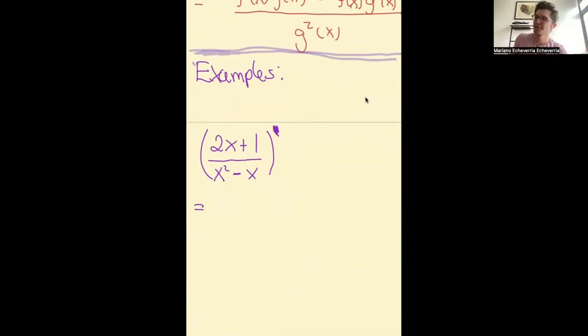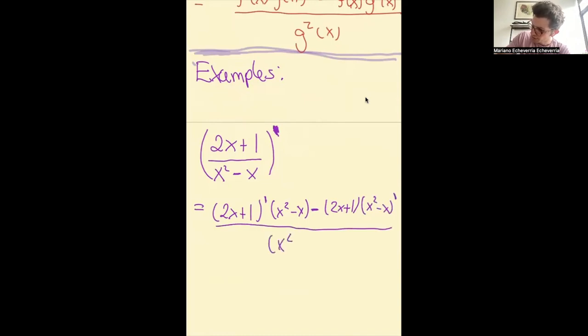So if you look at this expression, which is a ratio, the quotient rule says take the derivative of the numerator and multiply it by the denominator, and then subtract the numerator times the derivative of the denominator and divide by the denominator squared. Is that making sense?